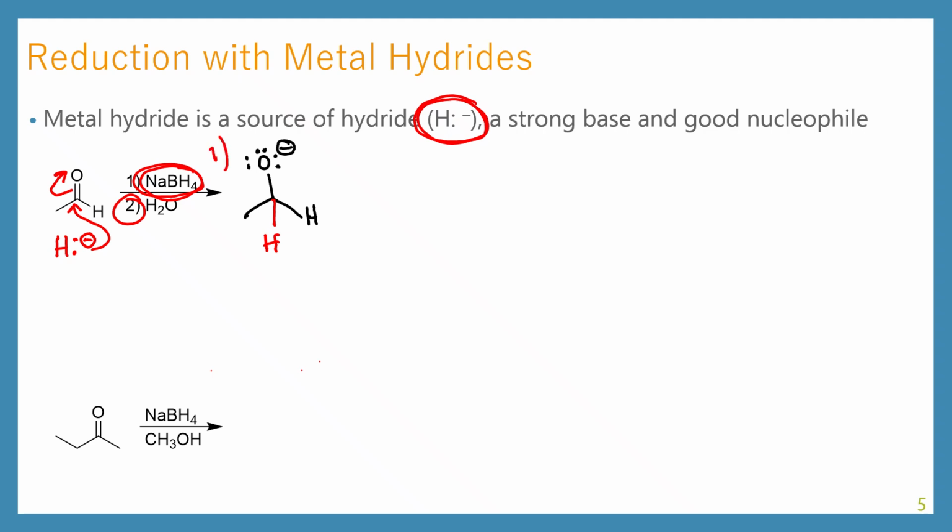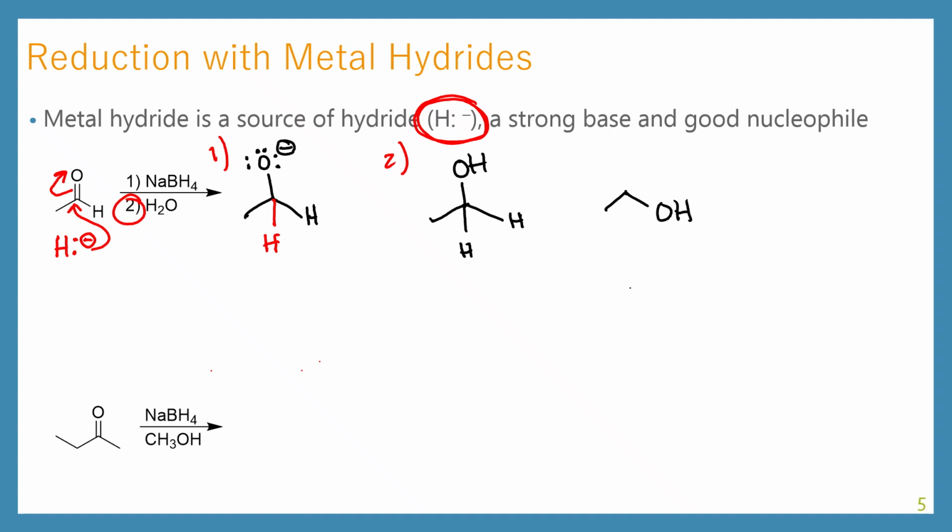This is a product after step 1. After step 2, step 2 is just a source of protons. We are going to protonate our alcohol. So this is our final product. And again, if I were to draw this more plainly, it would simply just be ethanol.